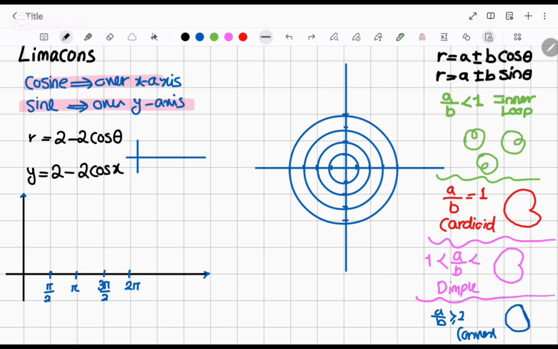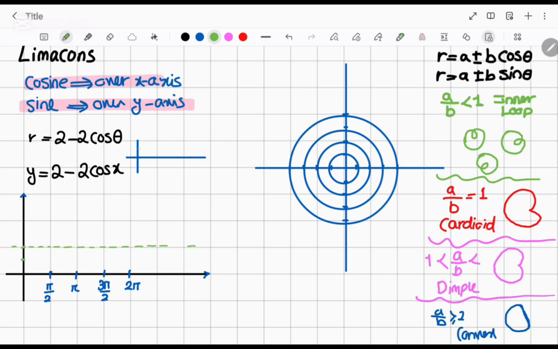So ta-da, I'm back with the shape of the coordinate plane and the polar coordinate plane. What I want to emphasize is that the midline of this is going to be 2. So 1, 2, this is going to be the midline.